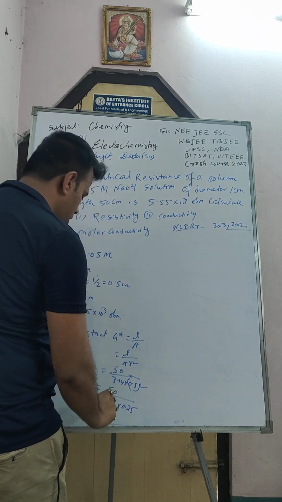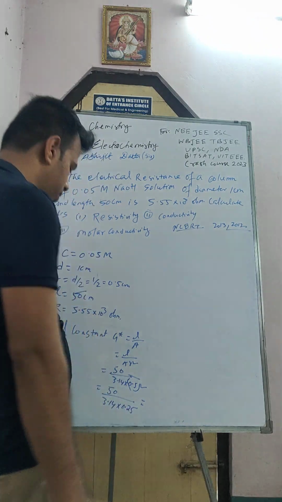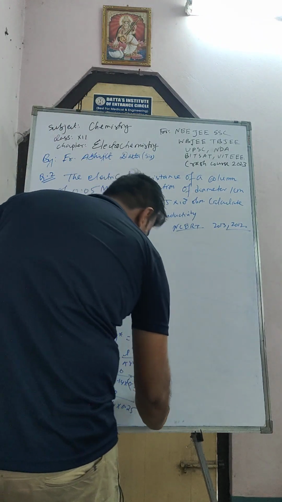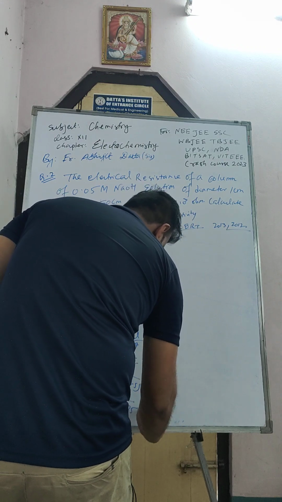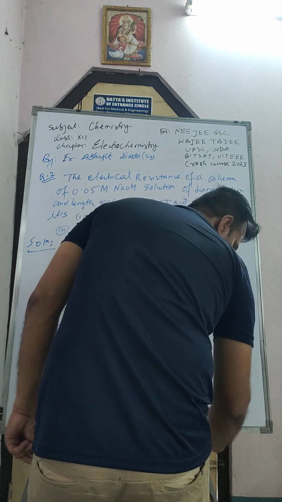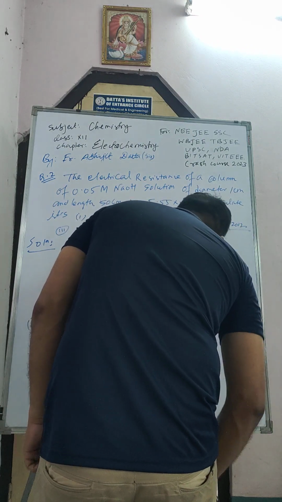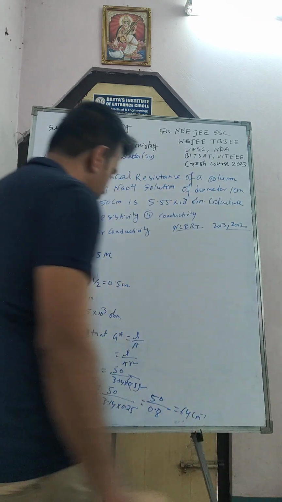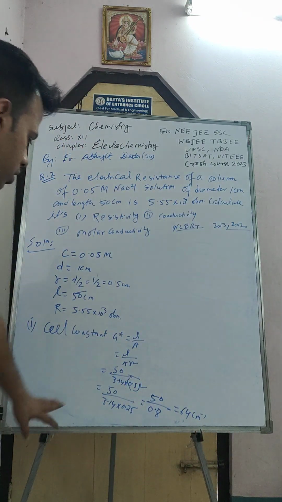If I divide, it will be 0.78, approximately 0.8. 50 by 0.8, if I divide it, it will become 64 centimeter minus 1.